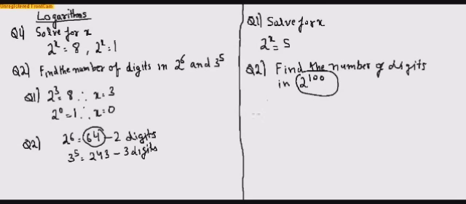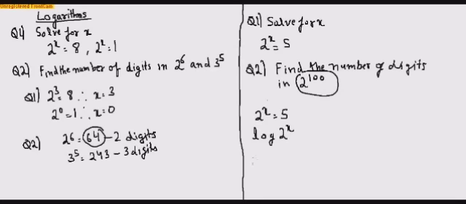So what I will next do is express both with the help of logarithms. My first problem was 2 to the power x equal to 5. So I will take a log of 2 to the power x and try to solve this problem.